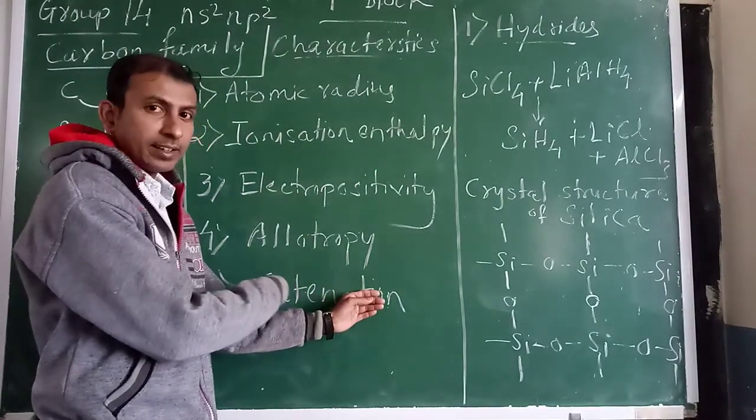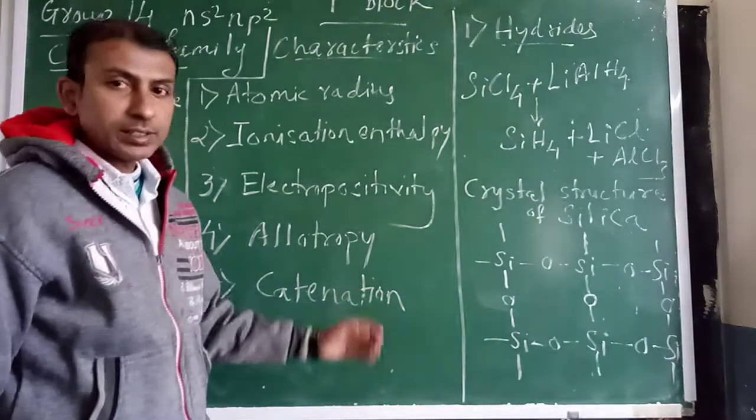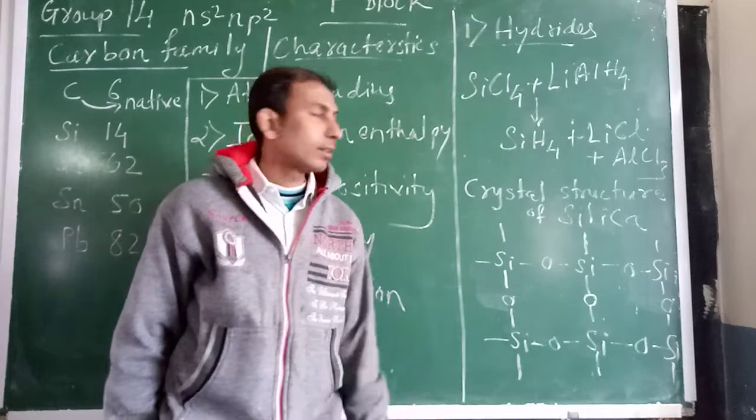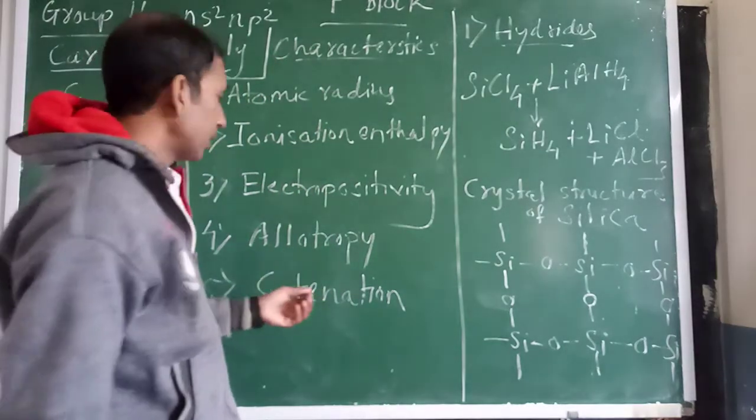Caten itself means chain in chemical language. This is one more very unique property, for example of carbon.